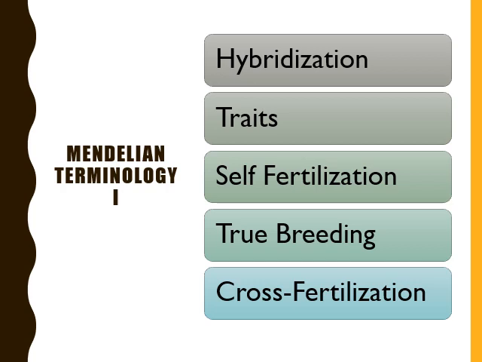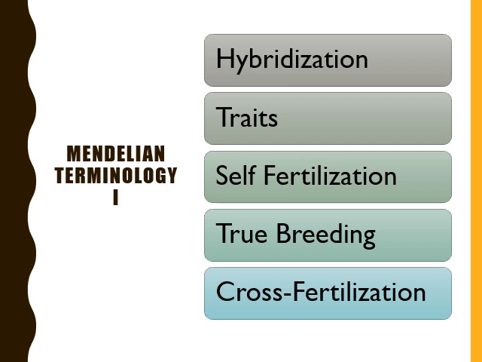All right, so in this lecture, I've interspersed slides like this because I'm going to start using big words, and I need you to know what they mean. Okay? Hybridization, traits, self-fertilization, true breeding, and cross-fertilization. When you get to these slides, I need you to know these words because if you don't know these words, you're not going to know the questions I'm asking you on your test. And the questions aren't going to be, what are traits?